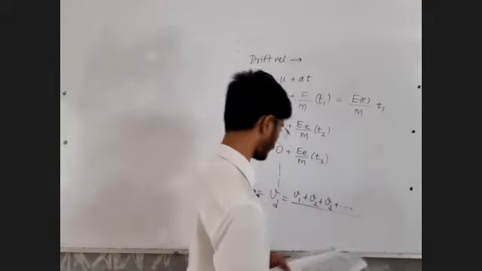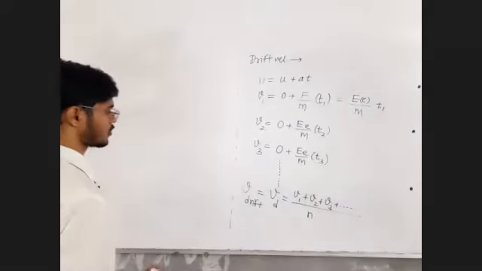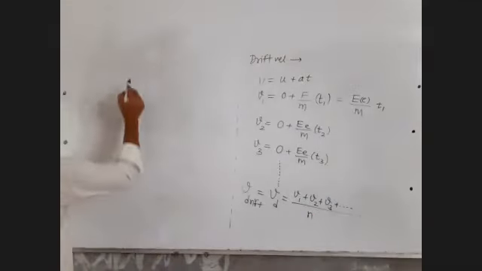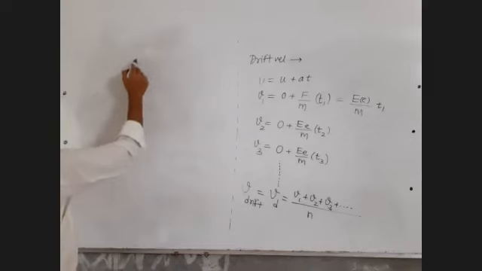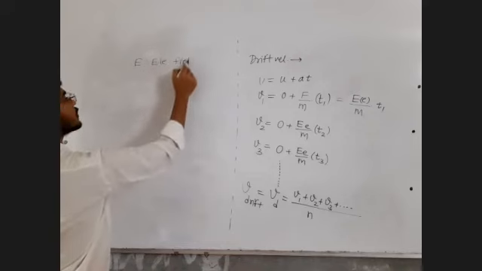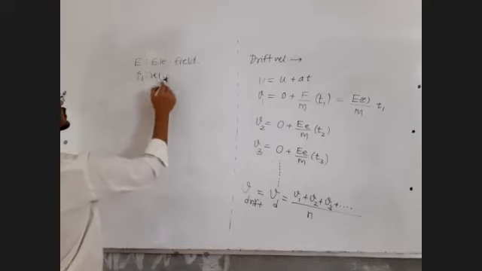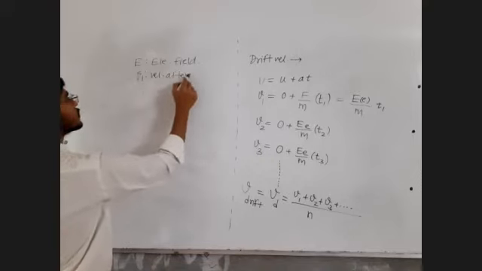For the number of collisions they use the symbol small n. Now let us write what parameters we have written here. E is the electric field. V1 is the velocity after the first collision.